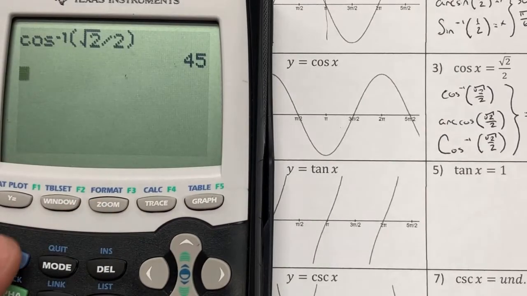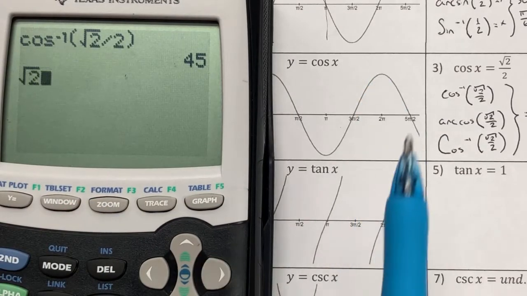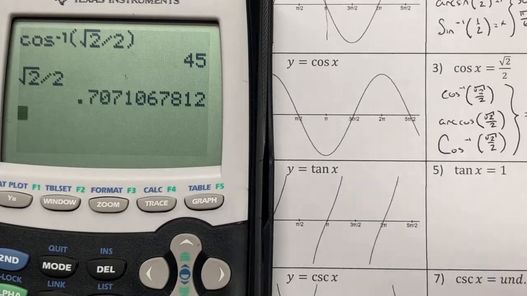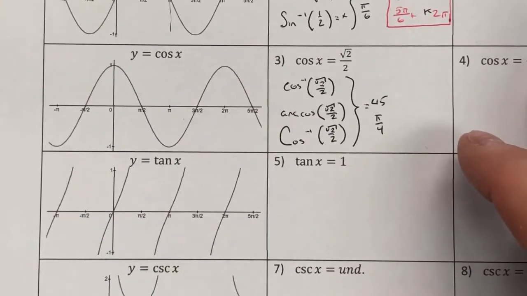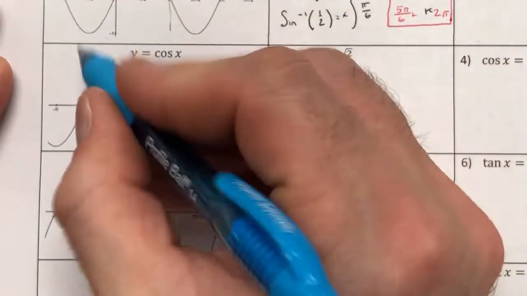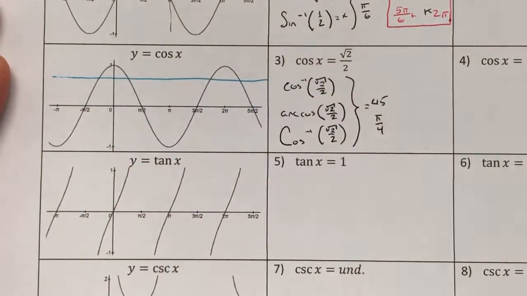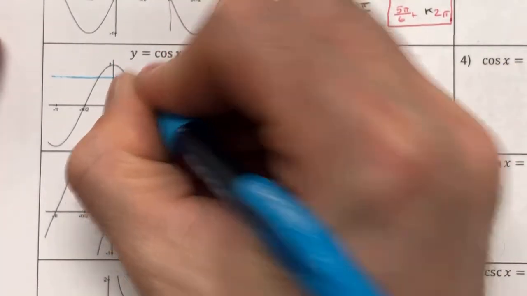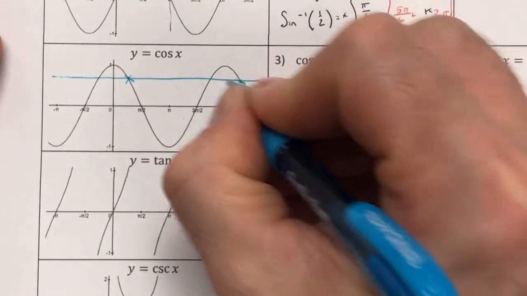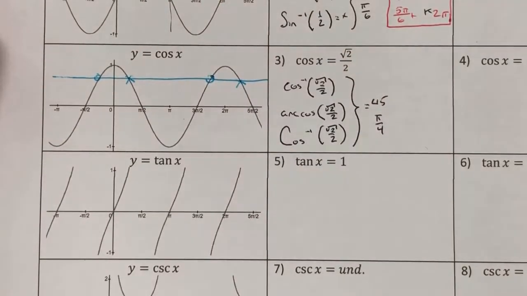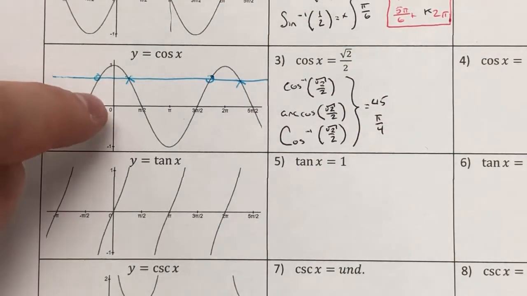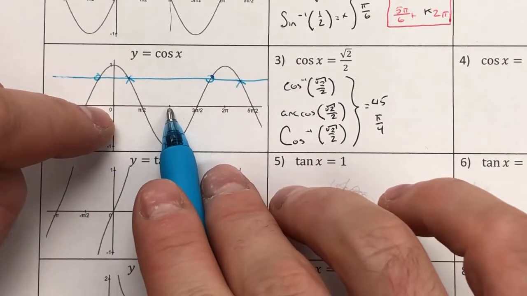So I'd actually have to say, okay, well, what is the root 2 over 2? 0.7. So somewhere about 7/10 of the way up, I want to find that. So I know that I want to find this decreasing or this increasing. I know this is what it looks like if that is pi.